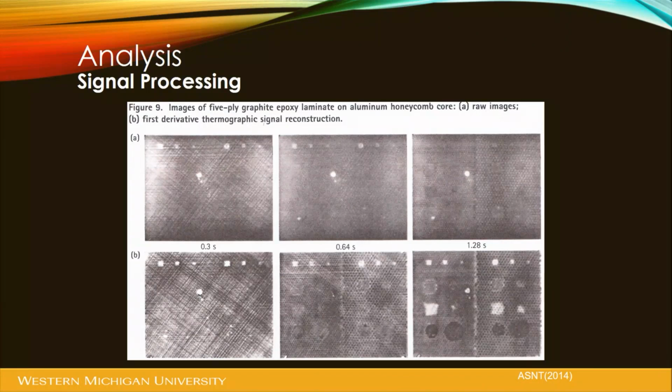You can see all kinds of different simulated flaws or simulated features in that bottom right picture, 1.28 seconds after, that you wouldn't see if you were just looking at it qualitatively with your eyes. So that's where it's important to perform signal processing.